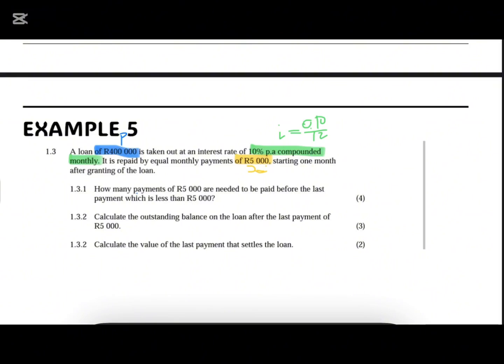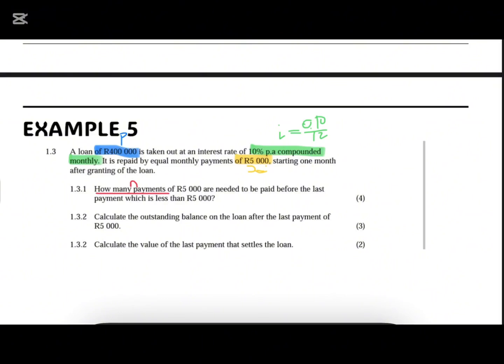So now we want to know, by the statement, how many payments. So they're looking for the number of payments, which is n. So now we're going to find the value of n. How many payments of 5,000 rand are needed to be paid before the last payment, which is less than 5,000 rand?